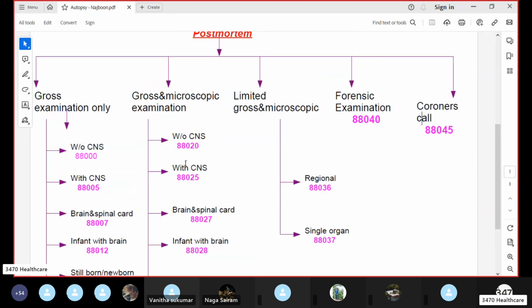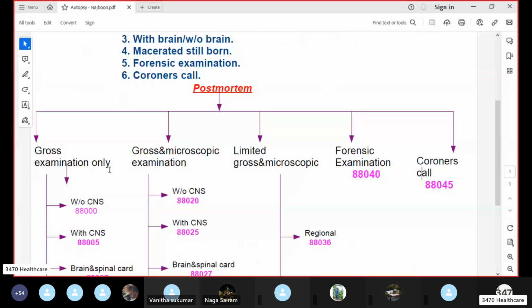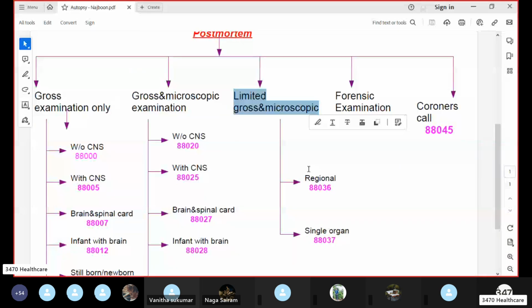Okay, here postmortem: seeing through the eye and giving the result is gross. Seeing through the eye and with a microscope, gross and microscope. Then limited: they are not examining the whole, only a particular gland, organ, area or region, it is for limited gross and microscope.